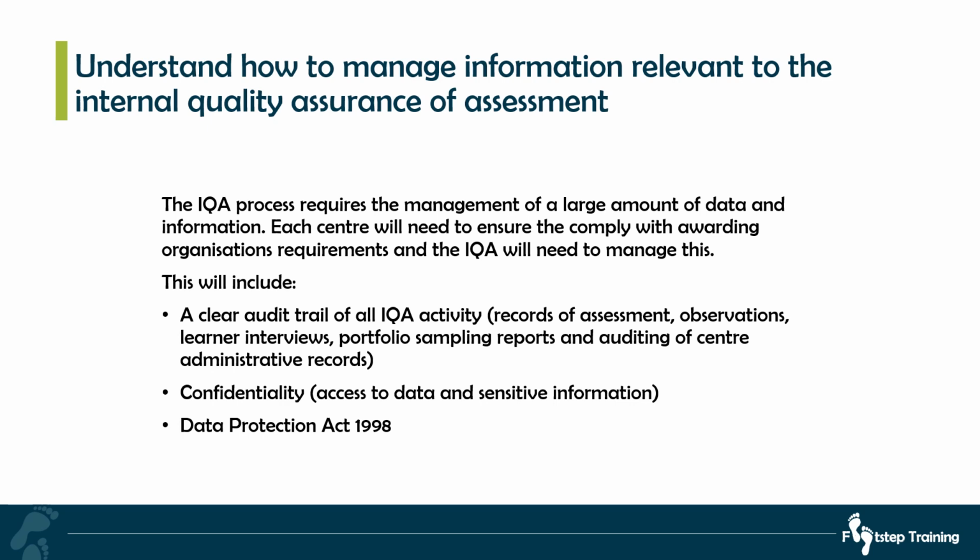They need to ensure that they comply with confidentiality, so access to data and sensitive information is kept. Only certain people should be able to access learner information and details, and also that they comply with the Data Protection Act, which is a legal requirement.